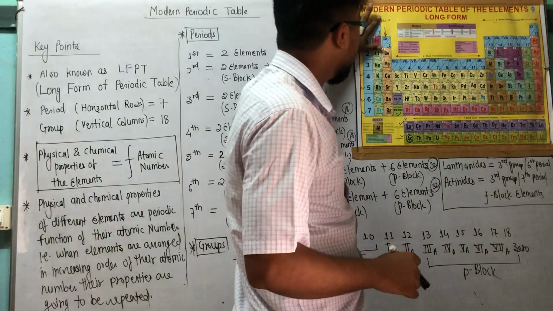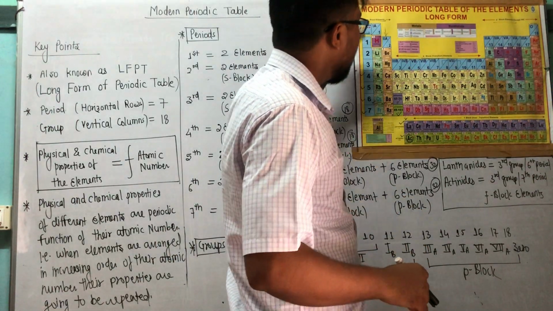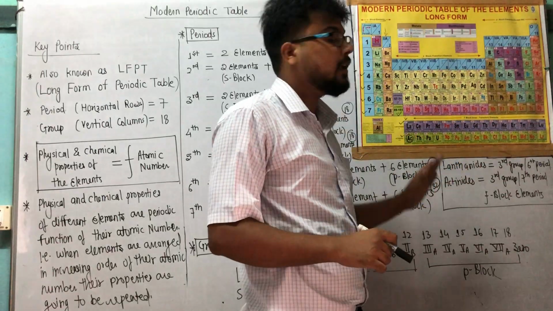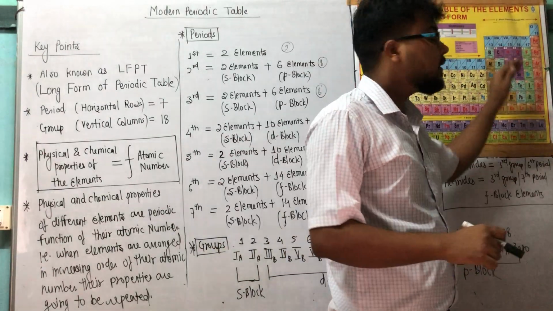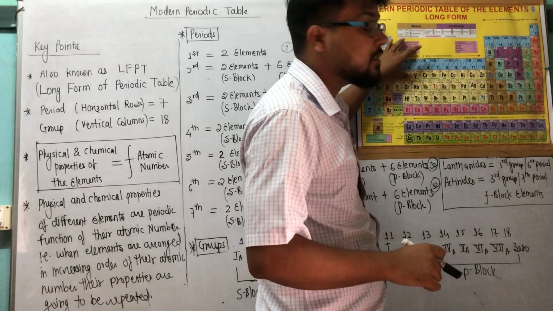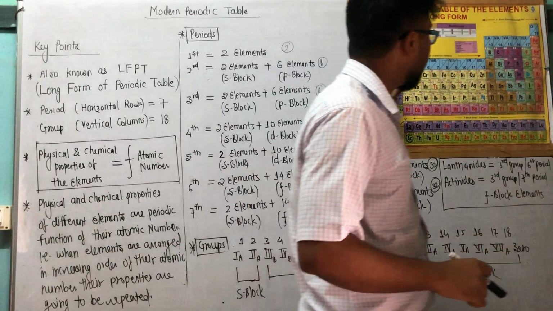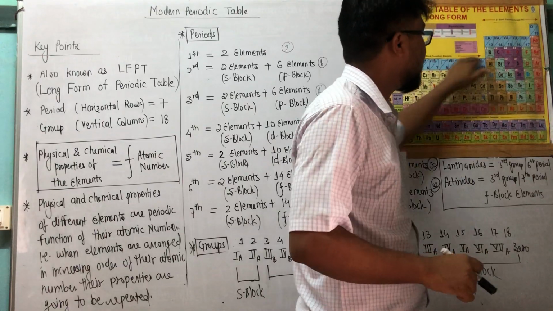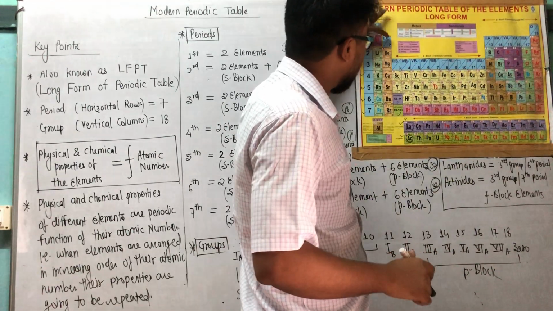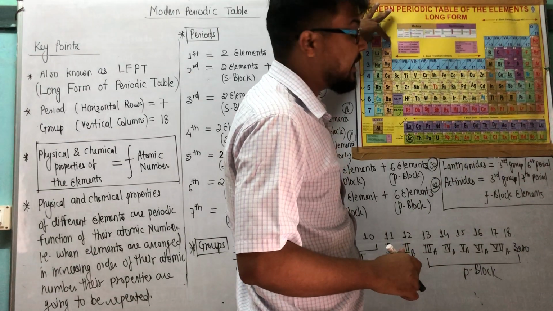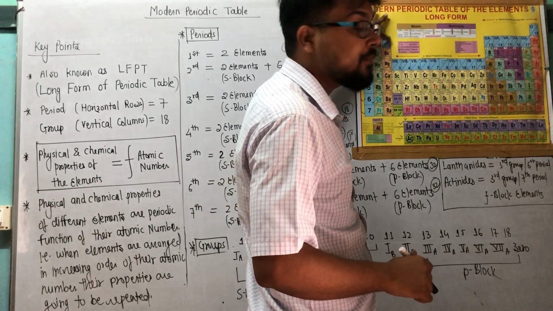One more time I can summarize the concept. We studied group and period. In the periodic table there are 18 groups, that is top to bottom, or we can say vertical columns, and a total of seven periods, that is horizontal rows, 1 2 3 4 5 6 7. The first two groups are collectively known as S block.